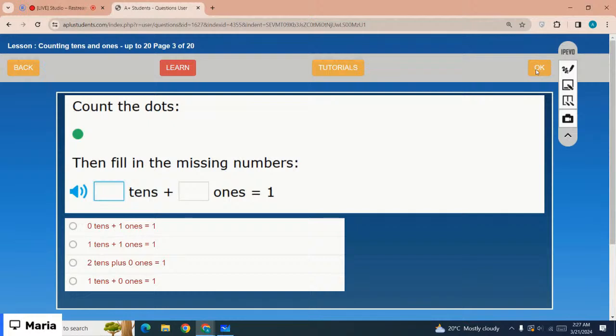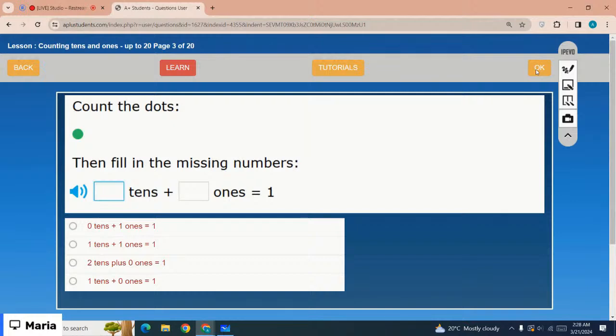Count the dots. There is only one dot, so that means you have 0 tens and 1 ones.